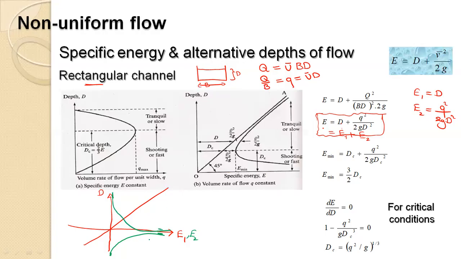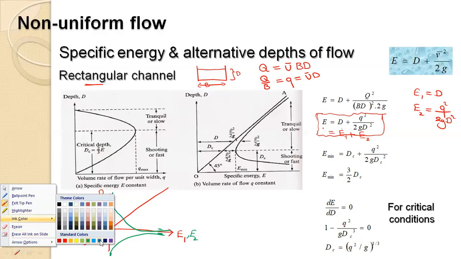Of course, the negative side is useless. The reason is water depths cannot be negative. Now the summation of these two curves, E1 and E2 for a given water depth, will give me something like this.